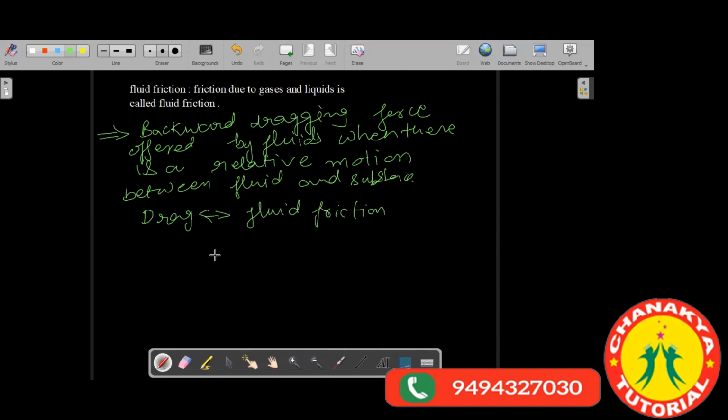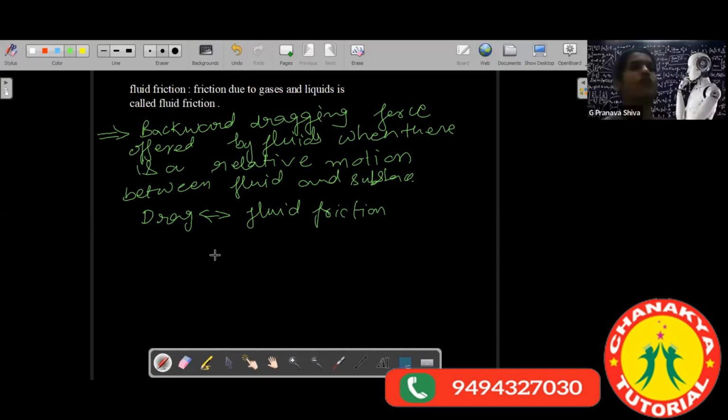So if you have a substance that is moving through a fluid, for example, we are driving. So when we are driving, does the air offer any friction? Is there any friction offered by air? Atmospheric pressure.